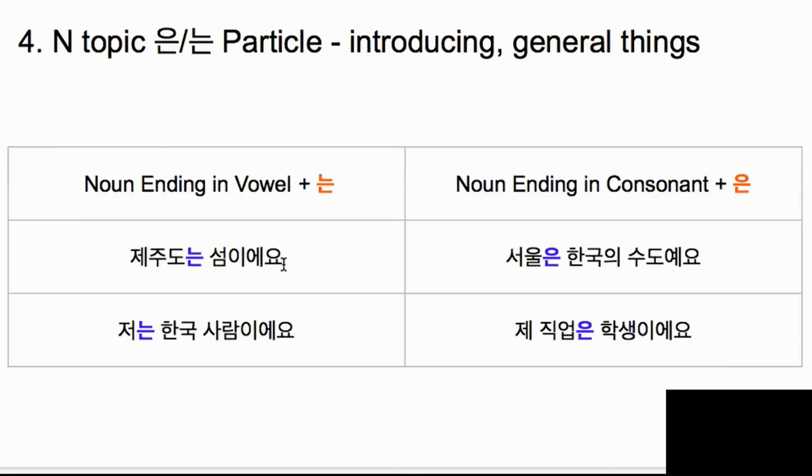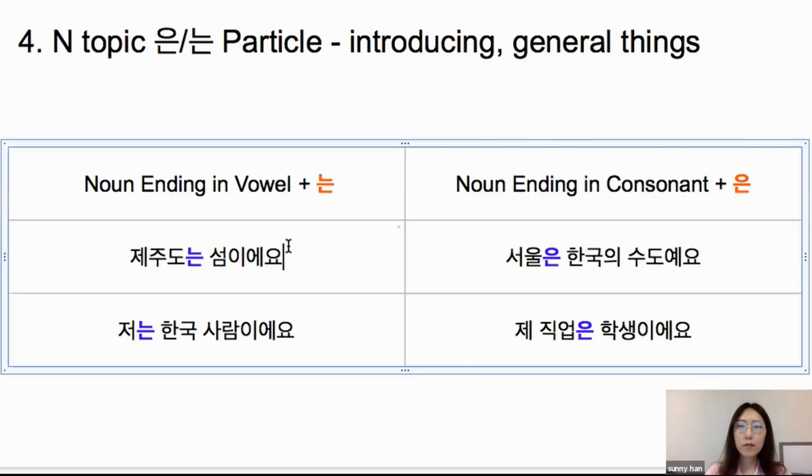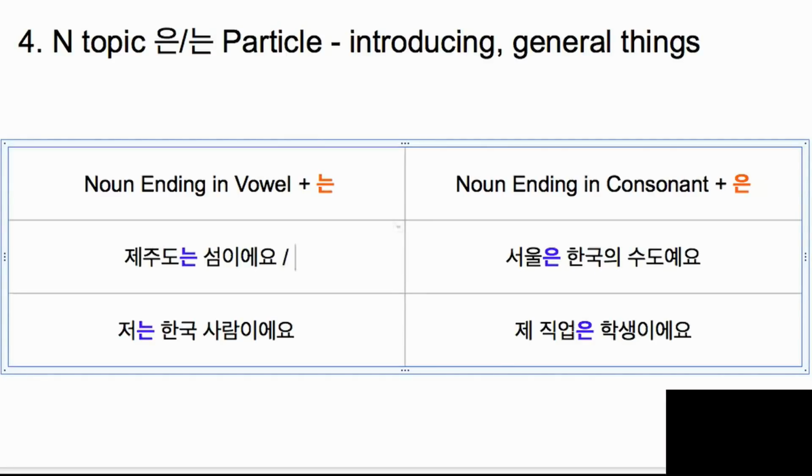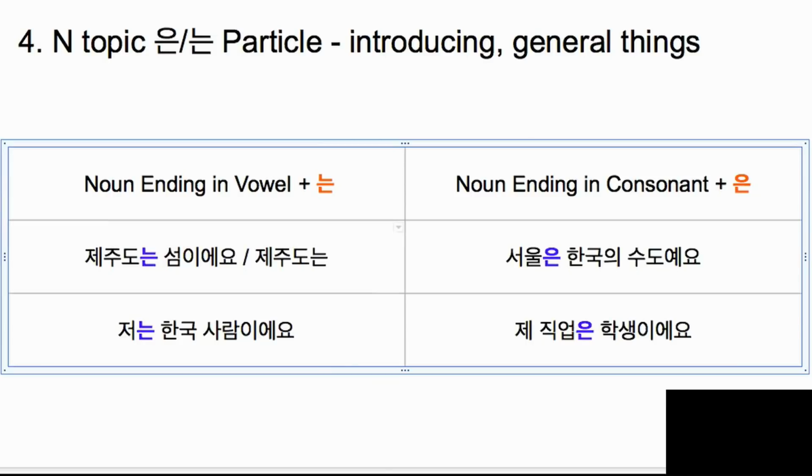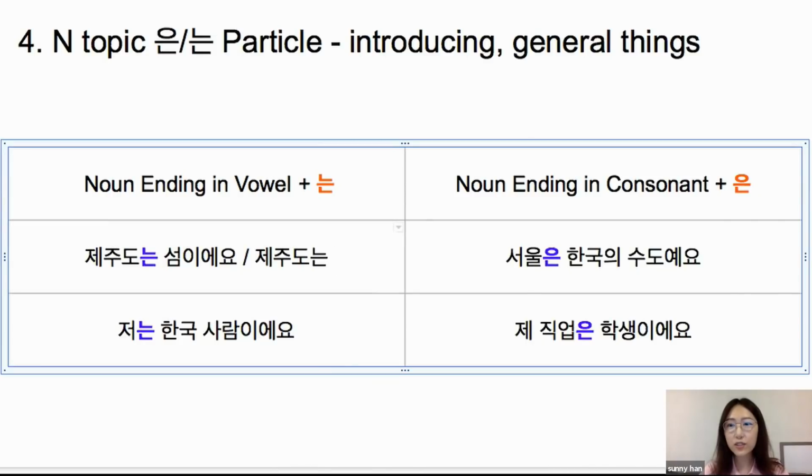What about informal way? 제주도는 섬이다. Okay. 섬이다 is, if we add 다 at the end, we can see that phrase in dictionary.